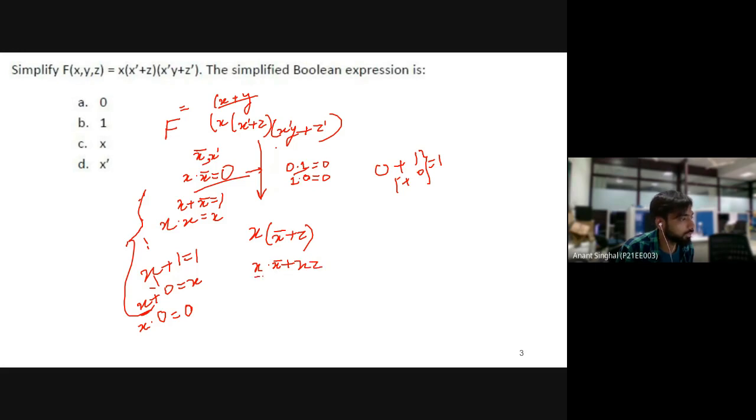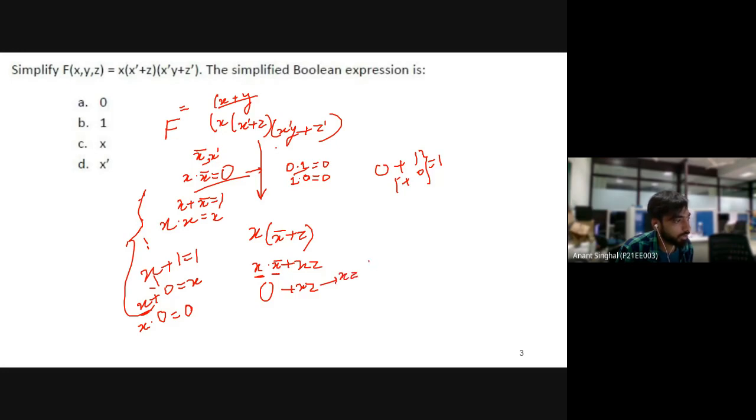We have just studied that x multiplied by x bar is nothing but 0, since if you multiply 0 by anything, it will be 0. So it will be nothing but 0 plus xz. And 0, if we add to anything, it will always be the variable. Here we have written that x plus 0 is always x. So this will be xz.